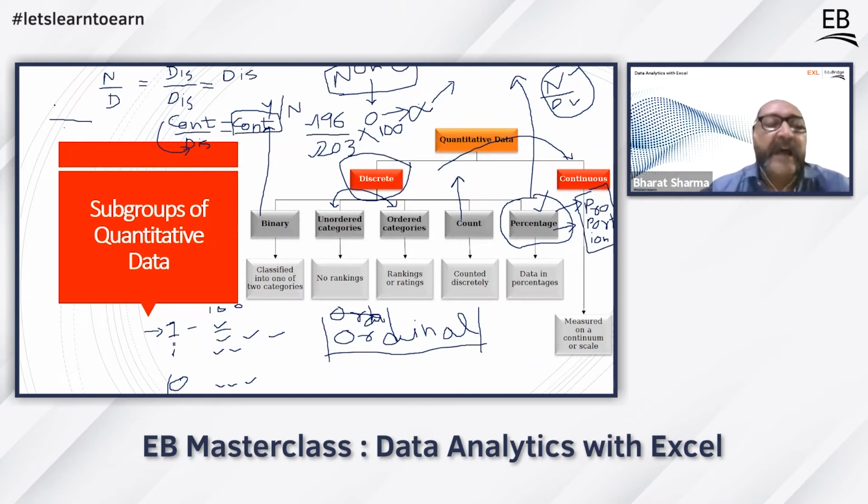So I will add all the time. Let's say it took 200 minutes by 10 people. So I will say on average, every person took 20 minutes to complete a task. Okay. Now here my numerator is time.